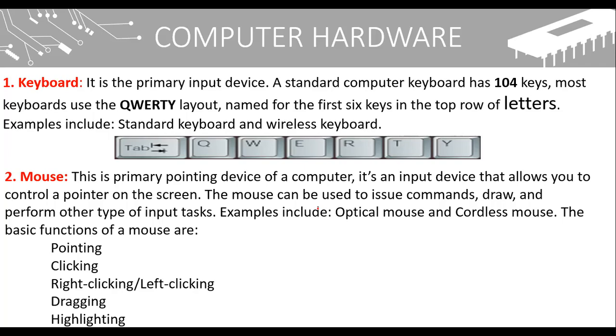Examples include the standard keyboard and the wireless keyboard. The standard keyboard is the one that is integrated with your system unit or your motherboard. While the wireless keyboard is the one that you can use by using the USB port.